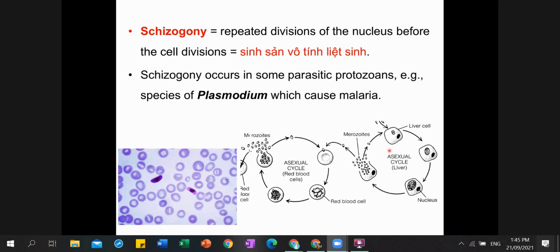They stay in the liver and they multiply in the liver cells until they have a few thousand of them in the cells. Then they break the liver cells out. Okay. After those asexual cycles in the liver, they are released into the blood of the patient, and they start attacking the red blood cells.